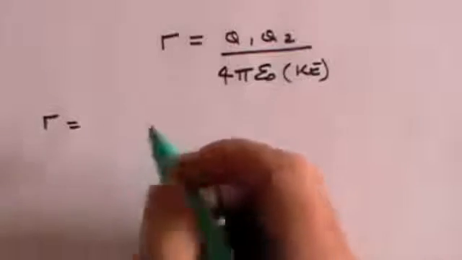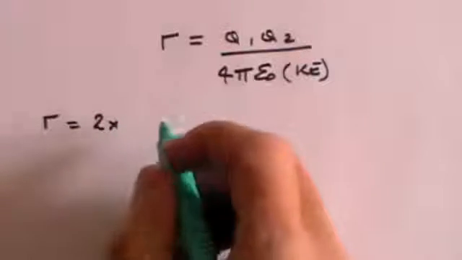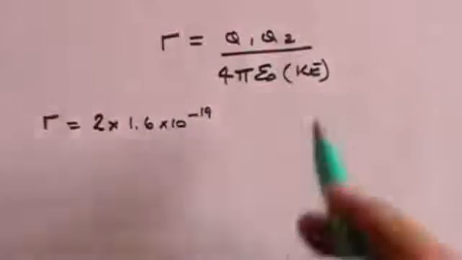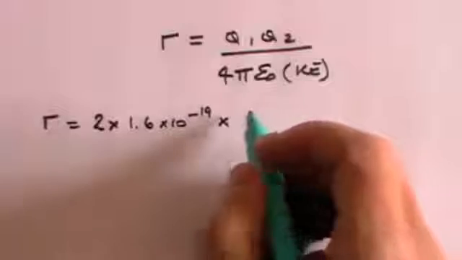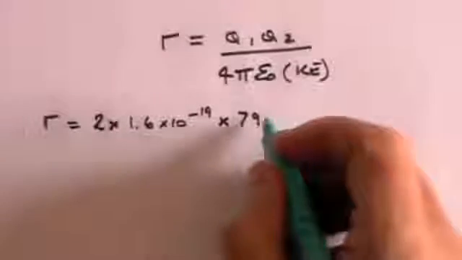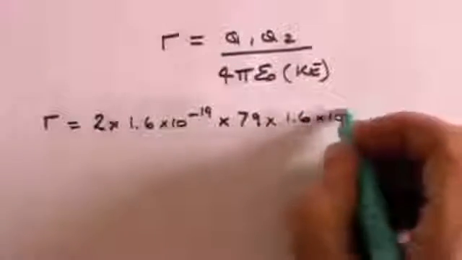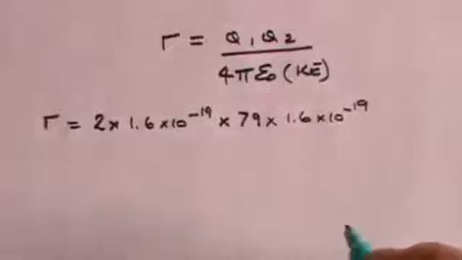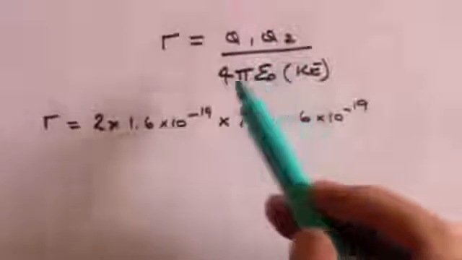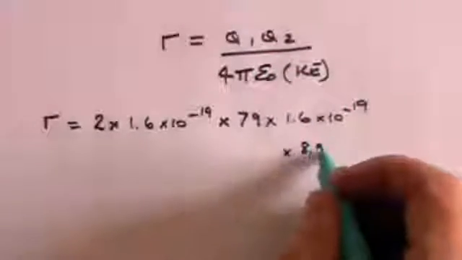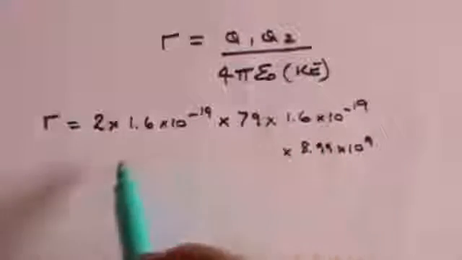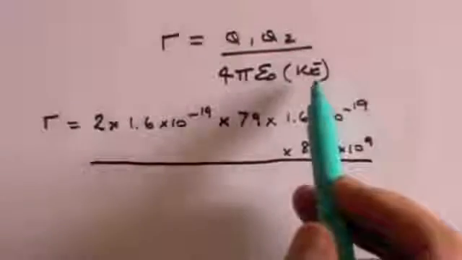The alpha particle has 2 protons, so that's 2 times the charge on a proton, which is 1.6 times 10 to the minus 19 coulombs, times Q2, which is the charge on the gold nucleus, and that's got 79 protons, so it's 79 times the charge on a proton, 1.6 times 10 to the minus 19, times, and now we've got the 1 over 4 pi epsilon naught term, which is 8.99 times 10 to the 9, that's all in the numerator, divided by the kinetic energy.